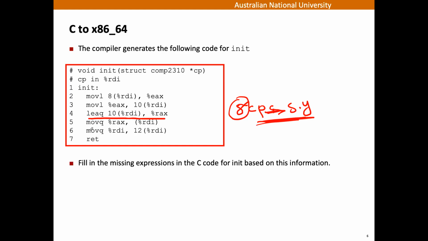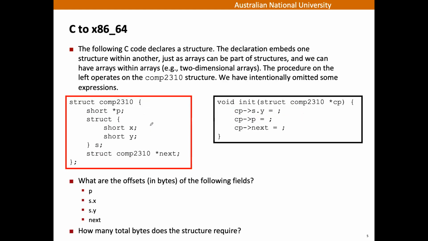And then what is it doing? It's moving it to what is at RDI? If I give you the address of the struct CP, what does it point to, without any offset? RDI points here, RDI plus 8 points to this, plus 10 points to this, and plus 12 points to this, okay?